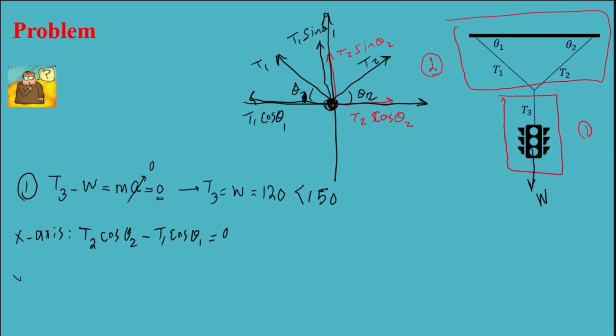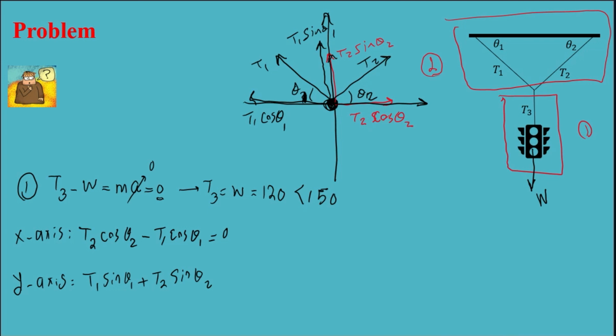And then in the y-axis, what I have is T1 sine theta 1 plus T2 sine theta 2. The reason it is positive is because I put the traffic light at the origin, and these two forces have an upward direction, so these two forces are going to be positive.